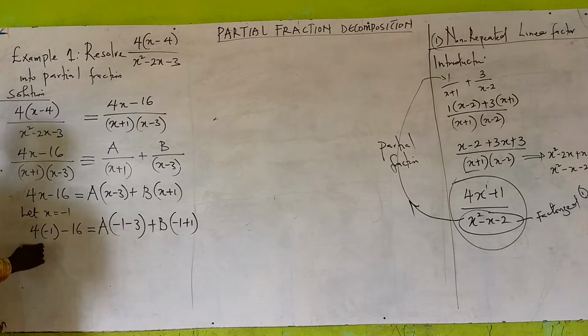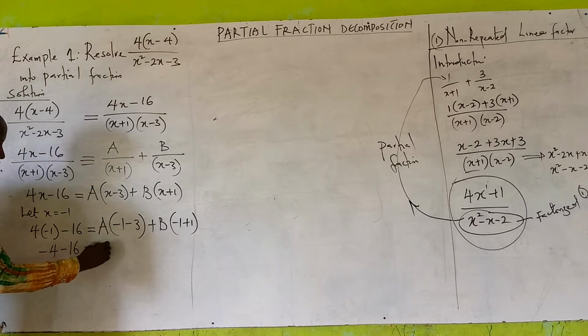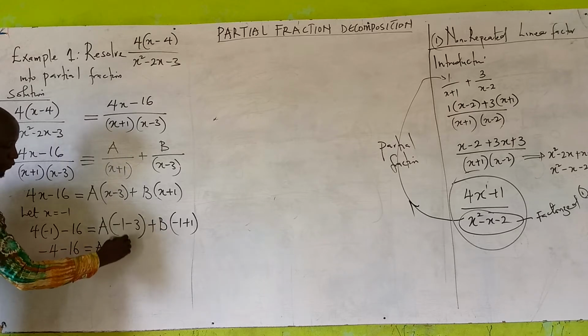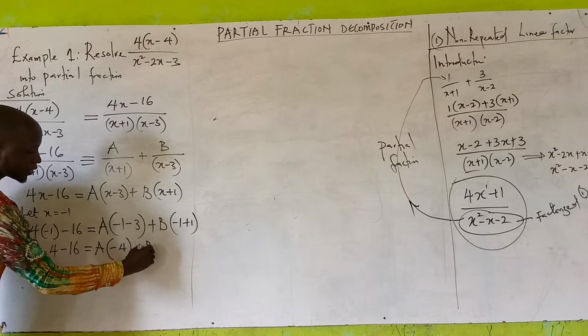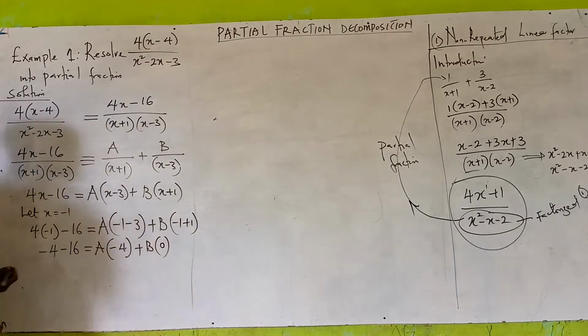4 times minus 1 is minus 4, minus 16 equals a into bracket minus 1 minus 3, which will give us minus 4, plus b into bracket minus 1 plus 1, which will give us 0. You can see automatically this is eliminated.